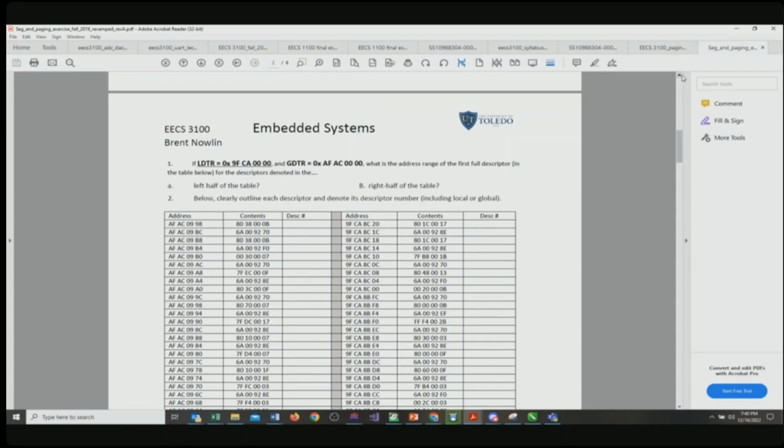So what's the offset? The descriptor number, the offset in the table. What's an offset again, guys? It's a displacement from the base address. It's the distance from the base address.